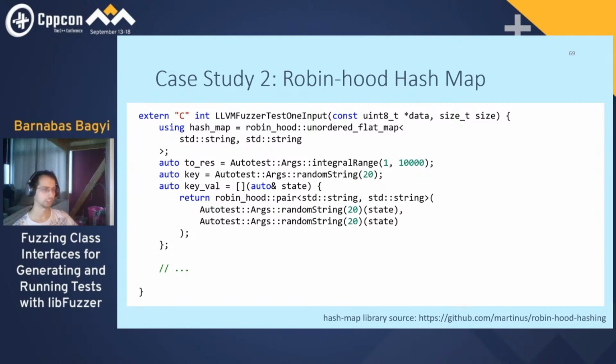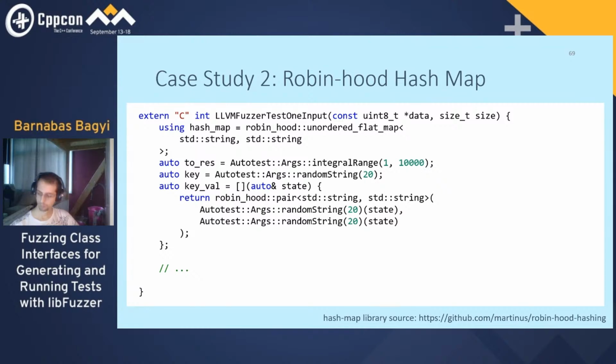All three things are just argument placeholders. Random string is also implemented the same way. And in key-val, what we can see is an actual custom-written argument placeholder, where we use pre-existing argument placeholders, namely random string, and combine them to create a random string pair, which is the Robin Hood pair, not standard pair.